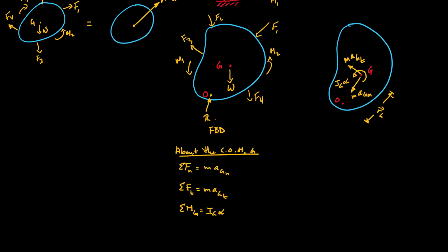Now here, luckily, we actually know what form the tangential and the normal components of acceleration look like. So recall that the normal acceleration is equal to omega squared multiplied by r. And in this case, r is, we call this rg, the distance between the center of mass and the axis of rotation.